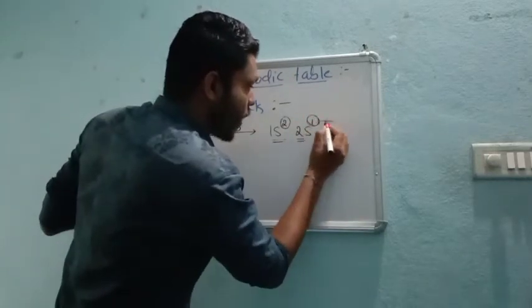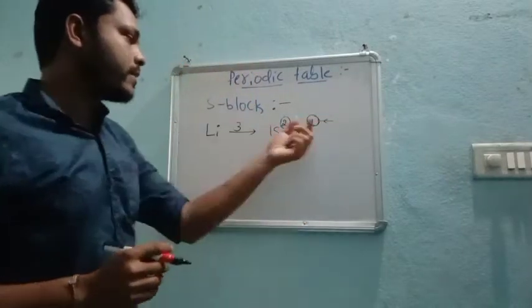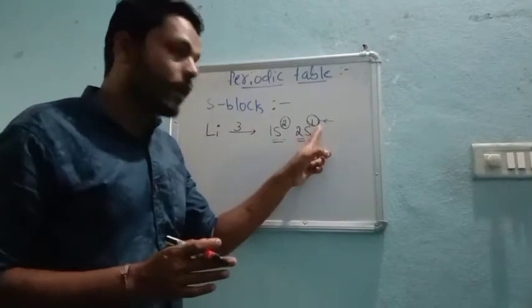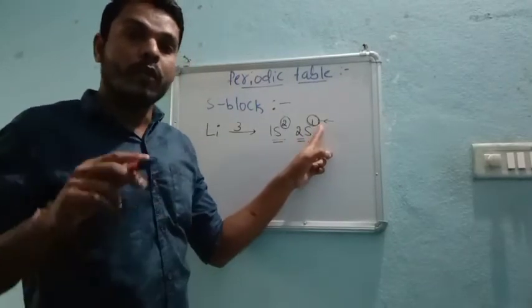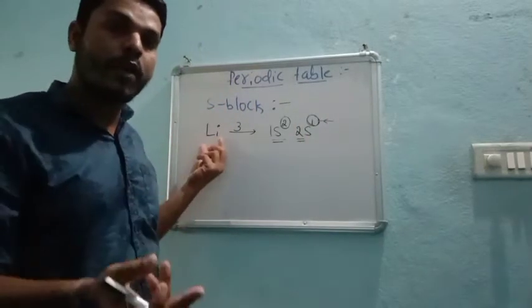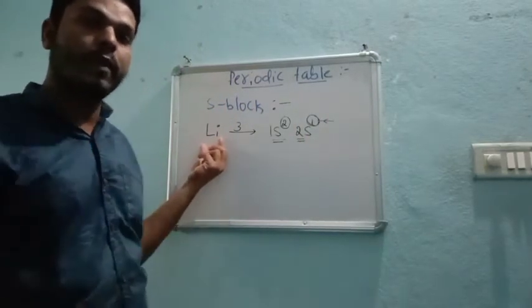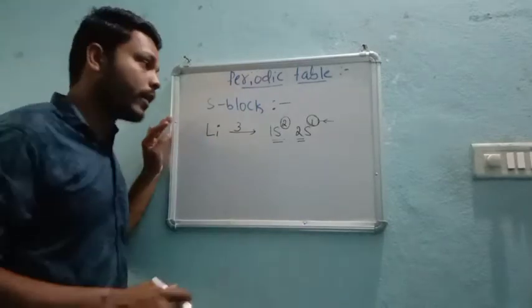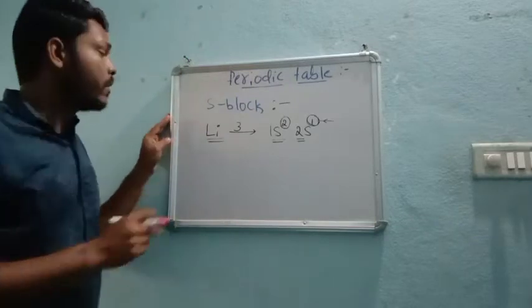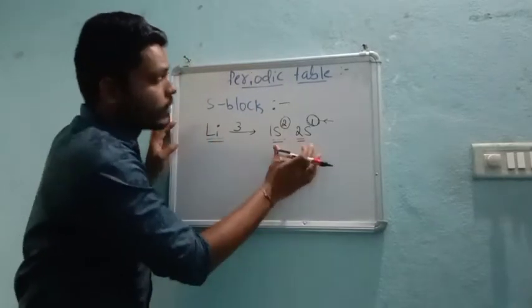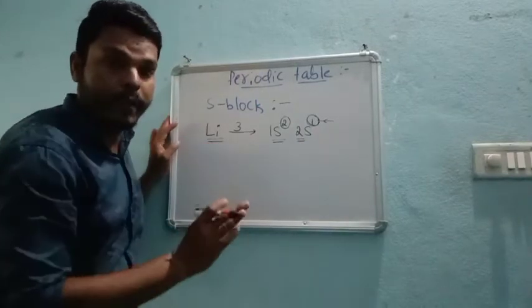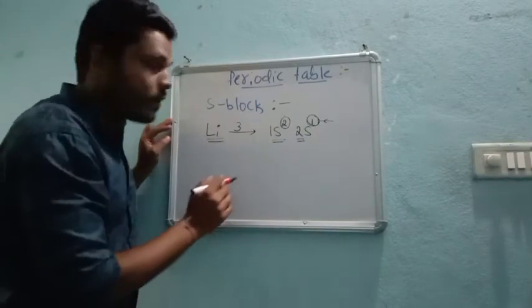Why are we calling this electron the differentiating electron? This electron plays a very important role in deciding whether the particular element is an S block element, P block element, D block element, or else an F block element. In this lithium, before writing the electronic configuration, we didn't know which group or which block element lithium was.